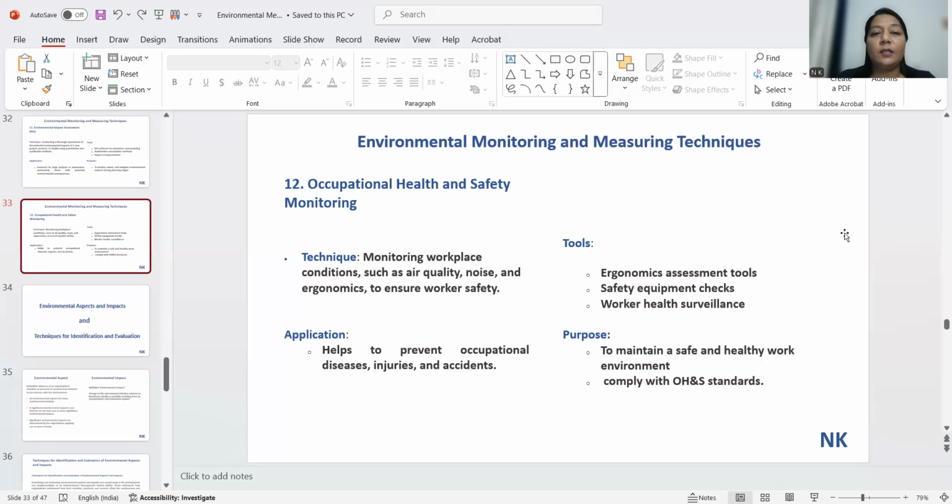From any industry, all metrics can be measured, and these are not limited to these monitoring and measuring techniques. With other techniques also we can measure all these metrics. Okay.